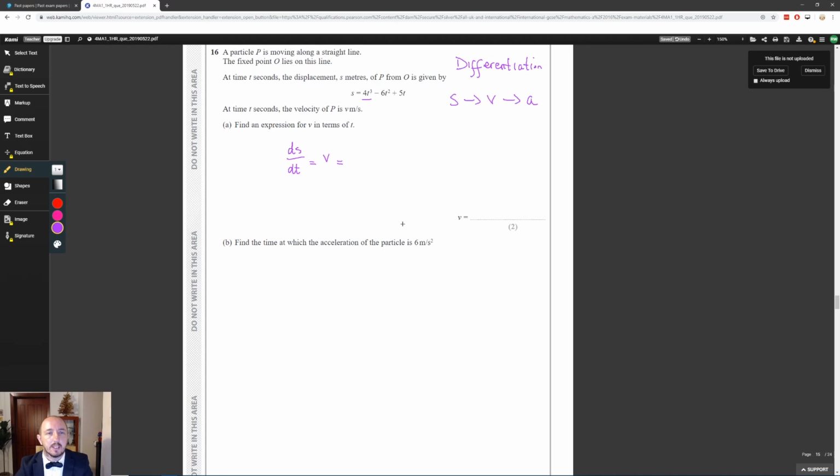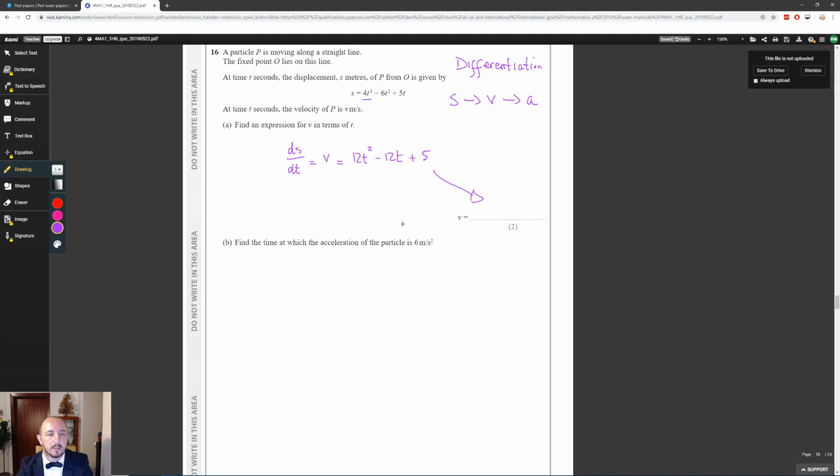So we're going to differentiate 4t cubed, and we get 3 times 4, and then we reduce the power by 1. The next term is 6t squared, so minus 6 times 2, 12t, the power reduces by 1, so that's t to the power of 1, and 5t, that just differentiates to 5. So that would be our velocity expression there.